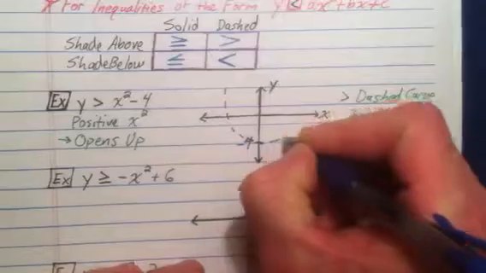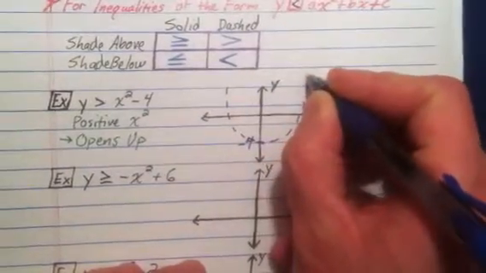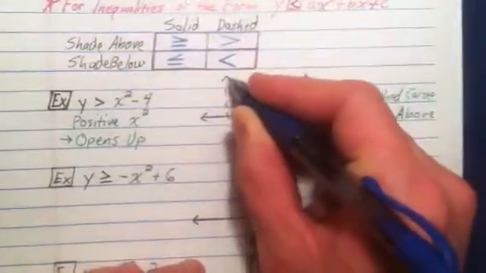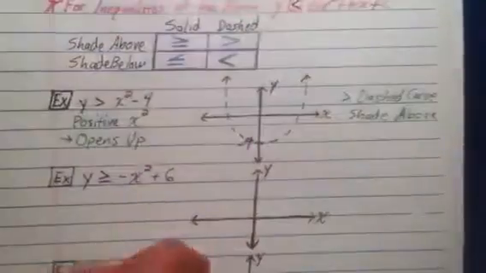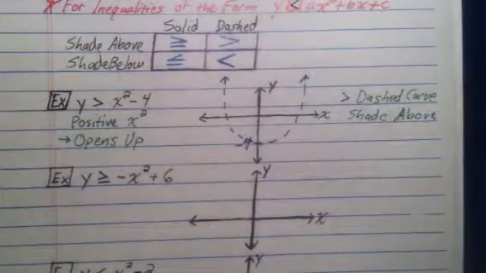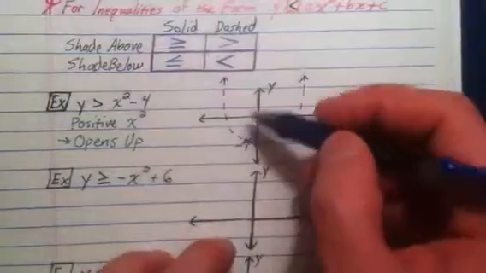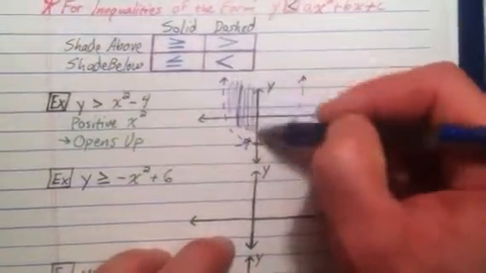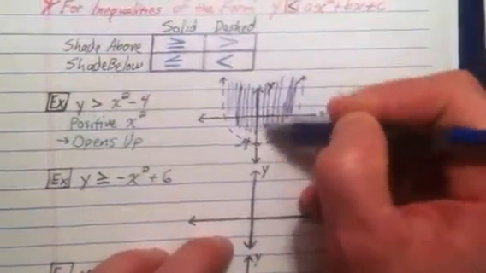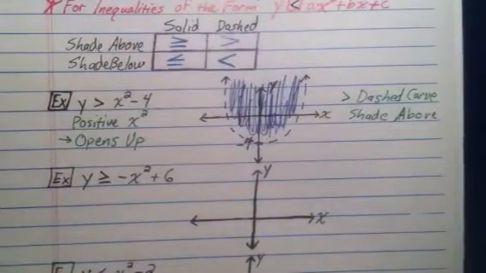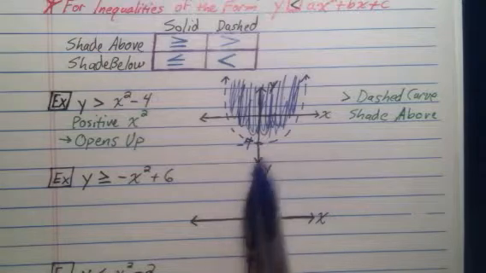It's going to be a dashed curve, making this parabola. And then we're going to be shading everything above, which would be everything inside of the parabola, like that. If it was to shade below, it'd be everything outside of the parabola.